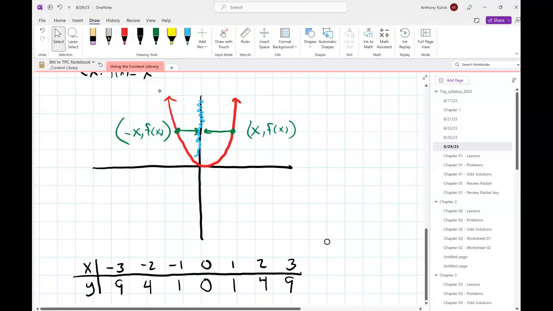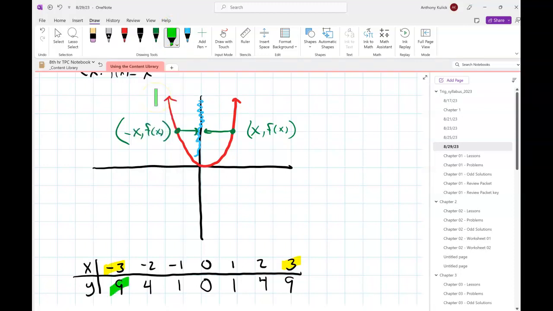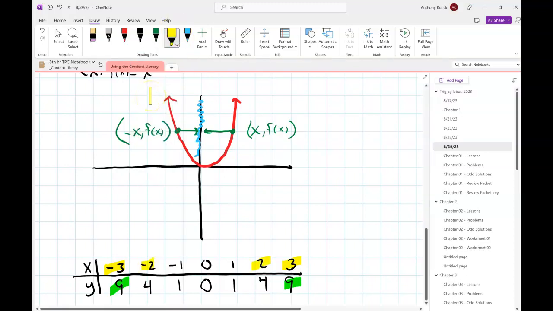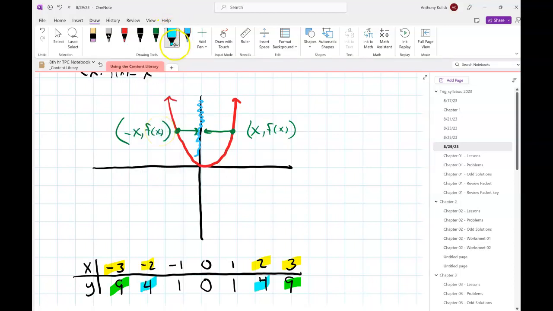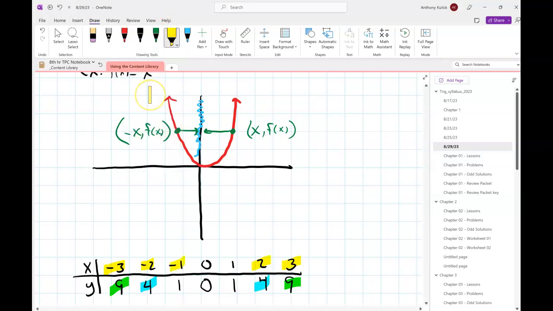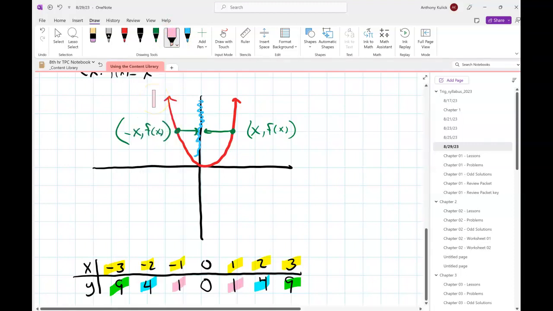And if I look, I notice that when I do -3 and +3, I'm getting the same y-coordinate each time, right? When I plug in -2 and +2, I get the same y-coordinate each time. And when I plug in -1 and +1, again, I'm getting that same y-coordinate.